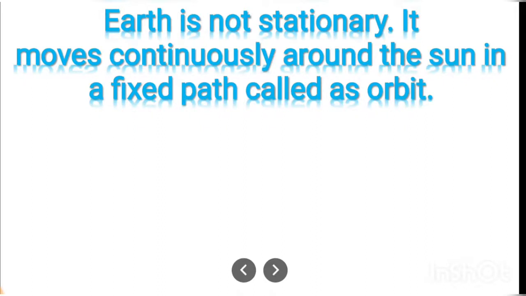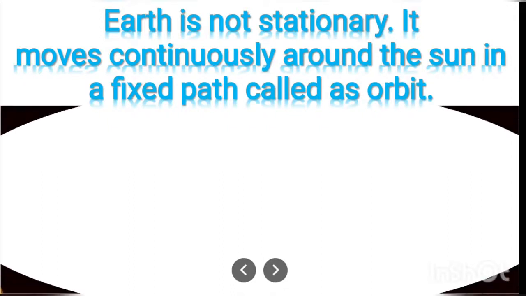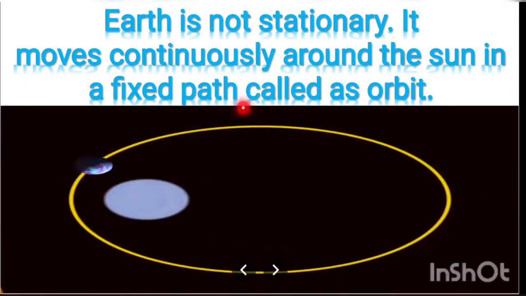It moves continuously around the sun in a fixed path called the orbit. So the earth is moving in its orbit, which is known as the fixed path. So here is the fixed path. Can you see? The earth is moving continuously around the sun along the fixed path. This fixed path is known as the orbit.